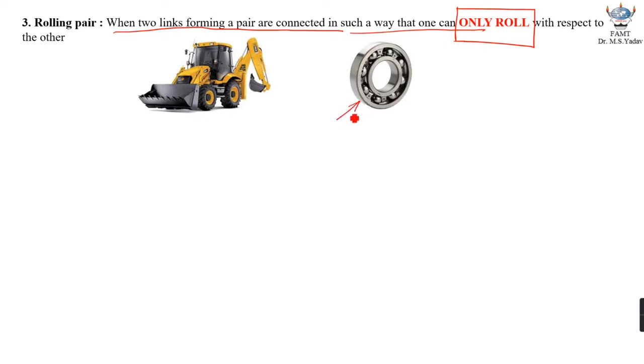Now what you see right over here is typically called the outer race of a ball bearing. This part is called the inner race of a ball bearing, and between the inner and outer race you will find the steel balls rolling over the inner and outer race. So between the ball and the inner and outer race only rolling is possible.